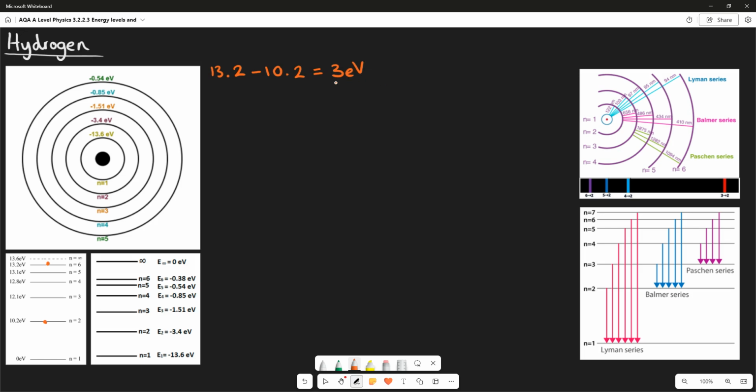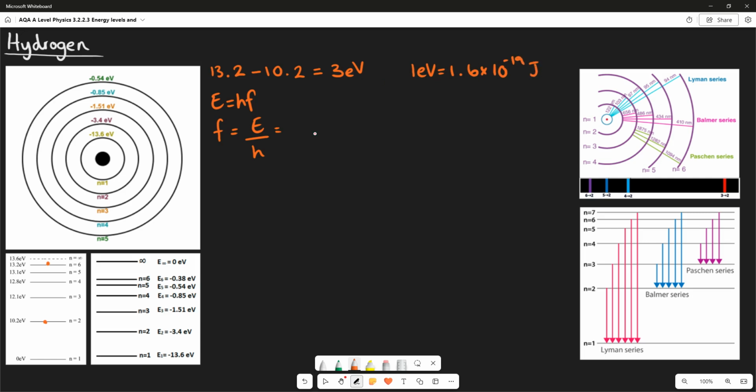And then we can convert that energy into a wavelength or a frequency using the equation E equals hf. So we've got 3 electron volts, and that means that we've got 3 multiples of 1 electron volt. And we remember that 1 electron volt is the same as 1.6 times 10 to the minus 19 joules.